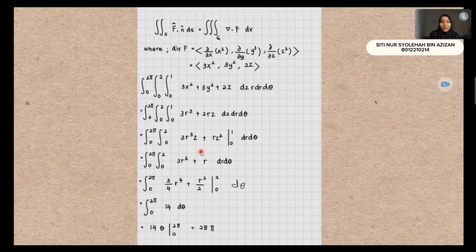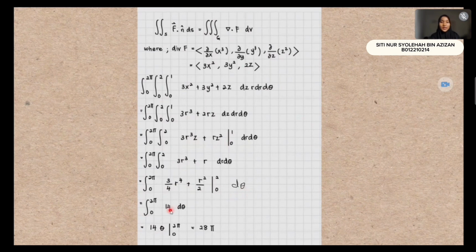After we put the 1 and 0 into the equation, we get 3r cubed plus r, dr d theta. Now we integrate for dr, where we get 3 over 4 r to the power of 4 plus r squared over 2, with limits 0 to 2, d theta.